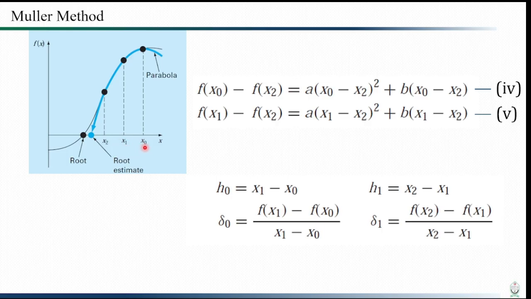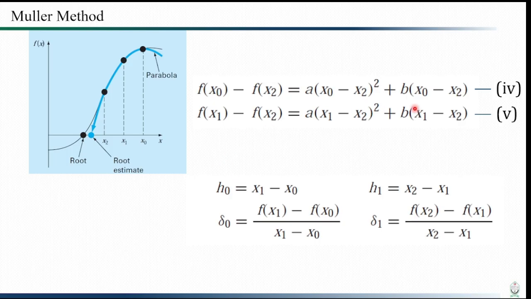And obviously, we know the values of f of x0, f of x1, and f of x2, as we will be given the function, and we will be able to easily find out those values. So these four quantities will be known to us from the given information when any numerical problem is thrown at us.